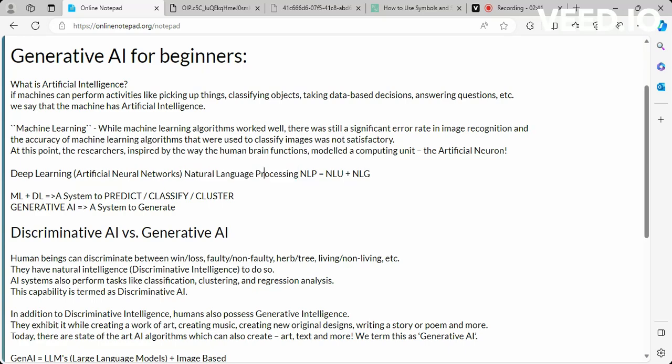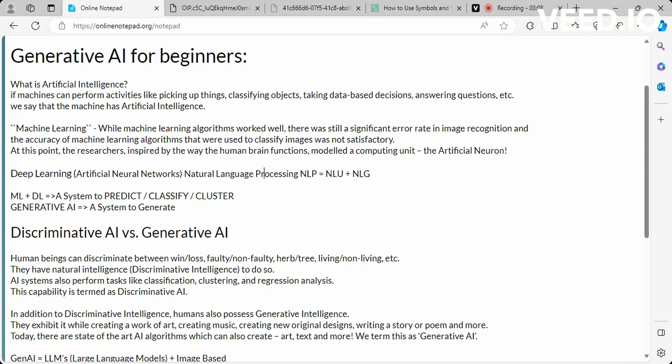The intent of a user should be understood by the system, and we call this natural language processing. This has two aspects: natural language understanding and natural language generation. So if you ask in Telugu, it will give you answers in Telugu as well. It understands natural language and also generates it. So this is called deep learning.